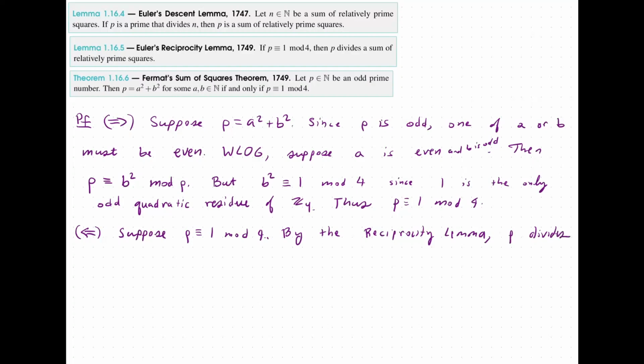So we get the first part. But now we have that p divides a sum of relatively prime squares, and we apply the descent lemma, which tells us that if p divides a sum of relatively prime squares, it itself must be a sum of relatively prime squares. And so we're done.